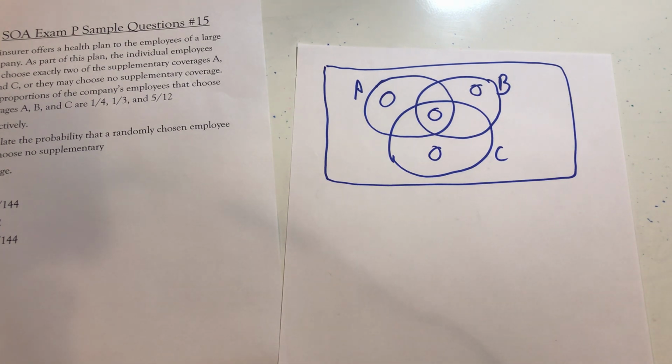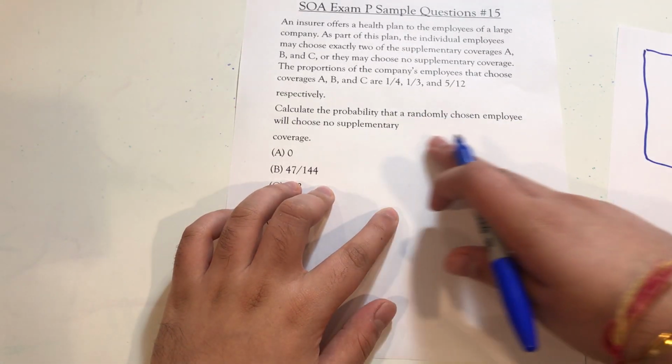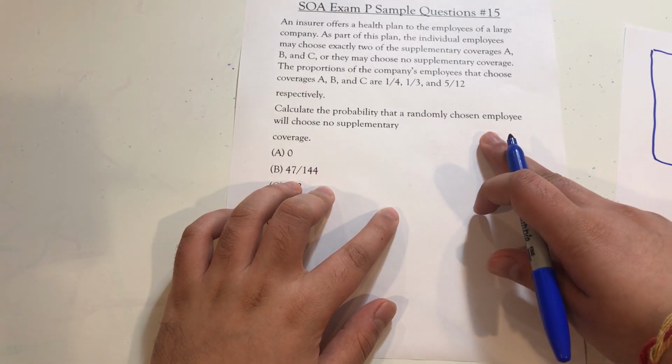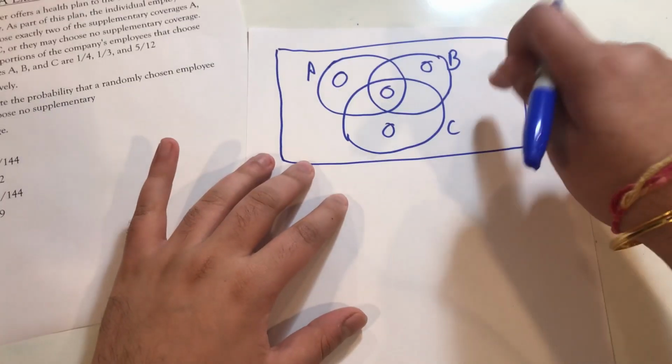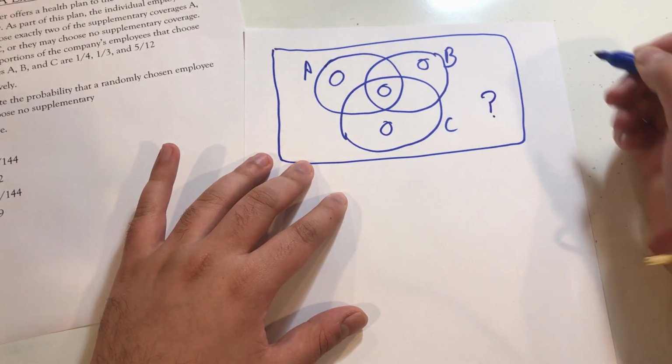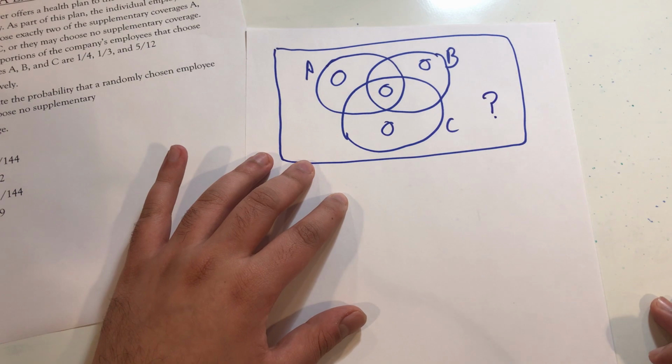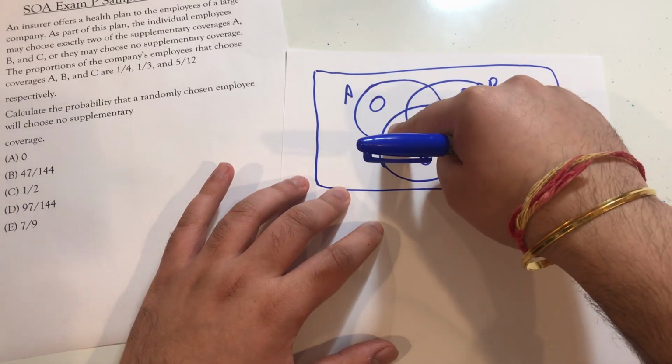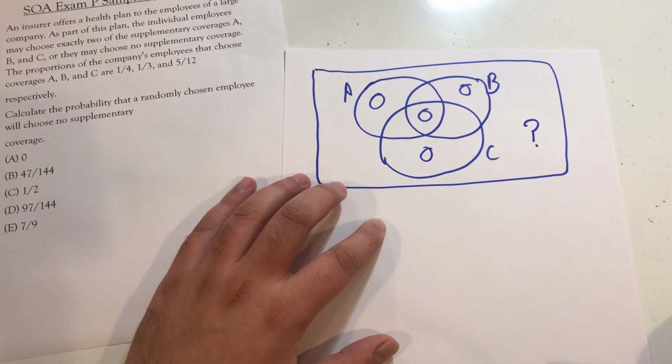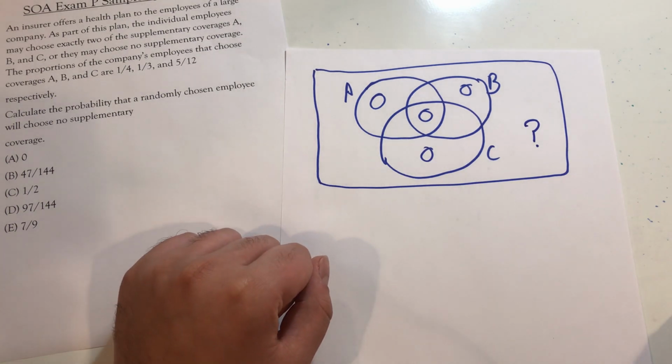And that's it. The question is asking us, what is the probability that a randomly chosen employee chooses no supplementary coverage? We're looking for this, so I'm going to put a question mark there. If we can find these 3 items, we'll be able to get this. So now let's look at trying to find those items.